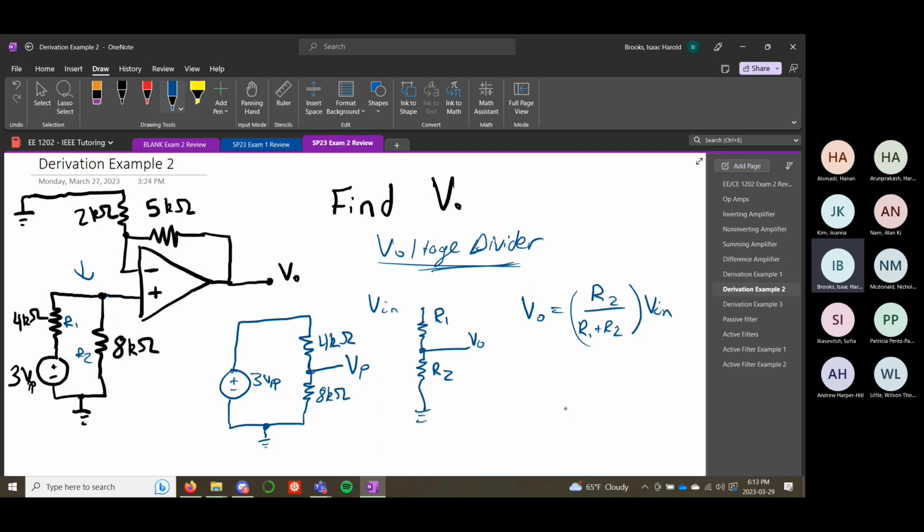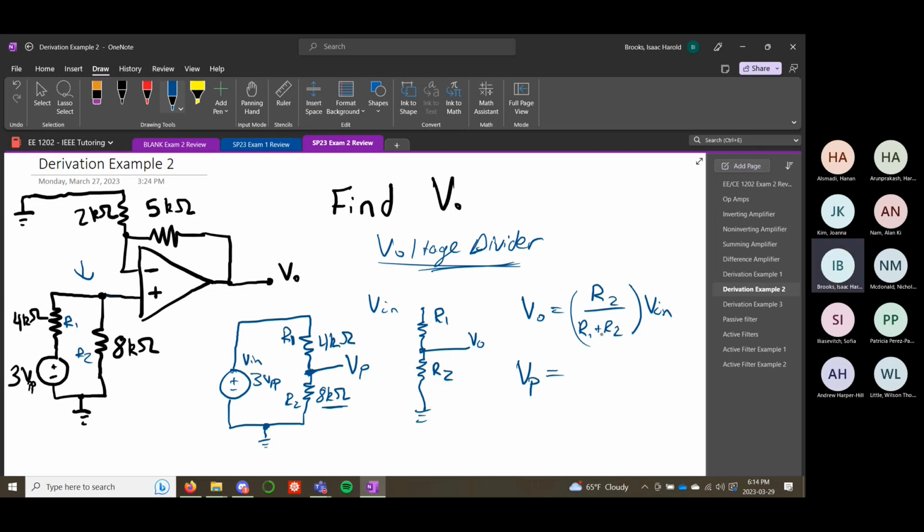So if we want to find VP, in this case, it's not grounded, it's not zero, but we can use voltage division. VP is the middle of these two resistors, this is our R2, this is our R1, and this is our V in.